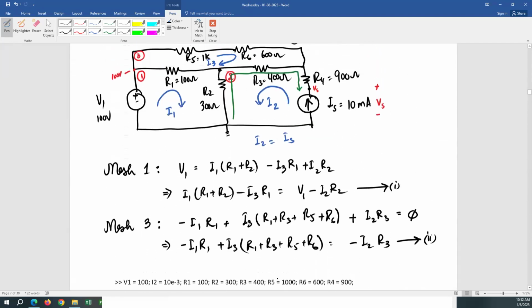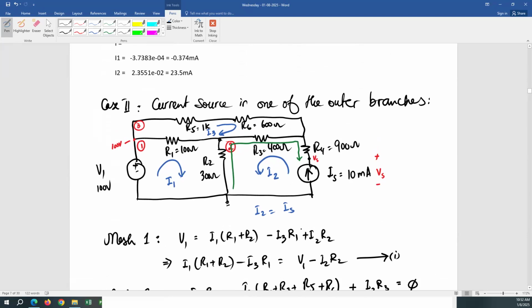The only requirement in KVL is what? In the loop, basically you're adding all the voltages. But in this case, when you're calculating the node voltage, what I told you is you can start from anywhere. You don't have to have a closed loop. You can start from any node. All you have to do is to either add the voltage when you go from one node to the other node, or the voltage will be dropped based on the direction in which the current is flowing through that component, or if it's a power supply, the orientation of the power supply, where is the positive, where is the negative.